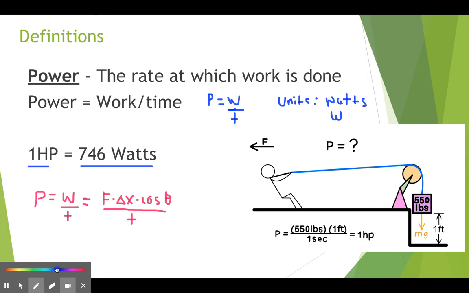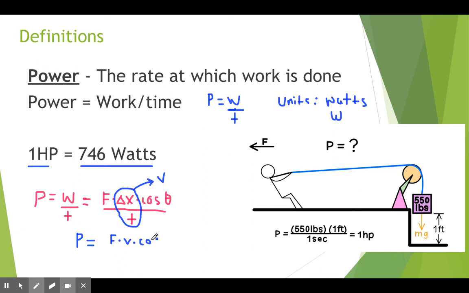We can see here, displacement over time. What's that? Velocity. So another relationship for power in terms of velocity is force times velocity times the cosine of theta.